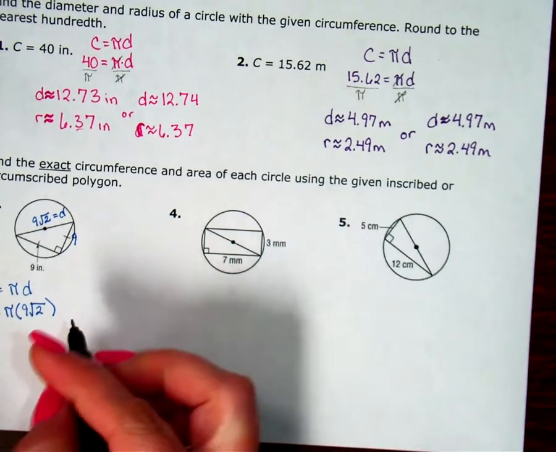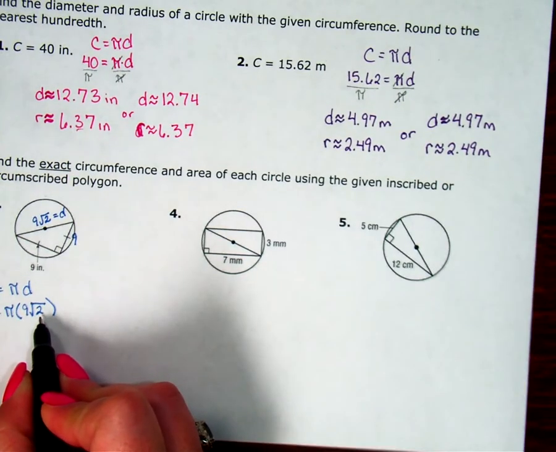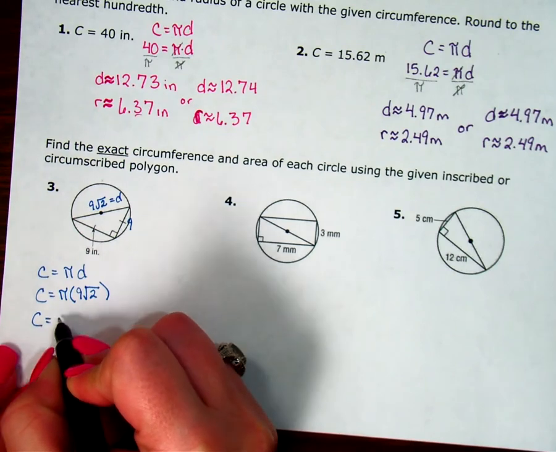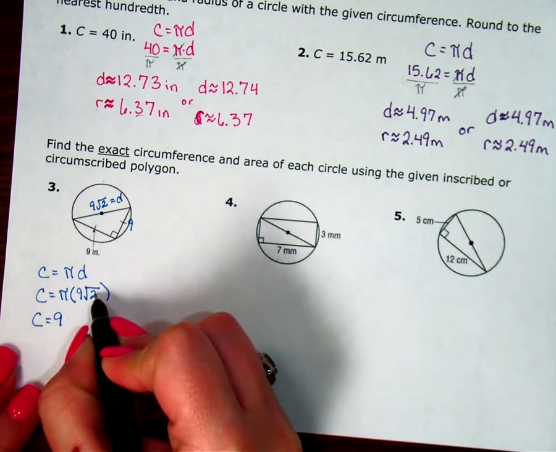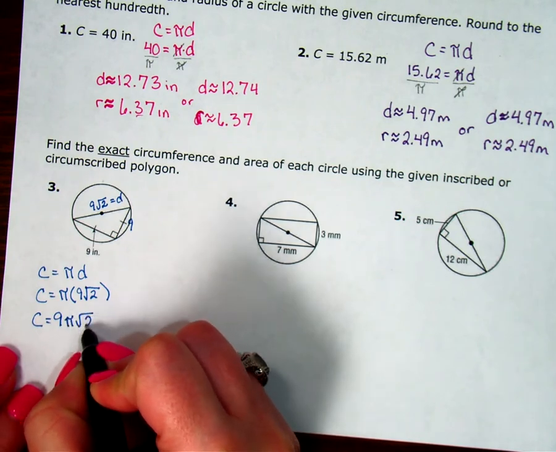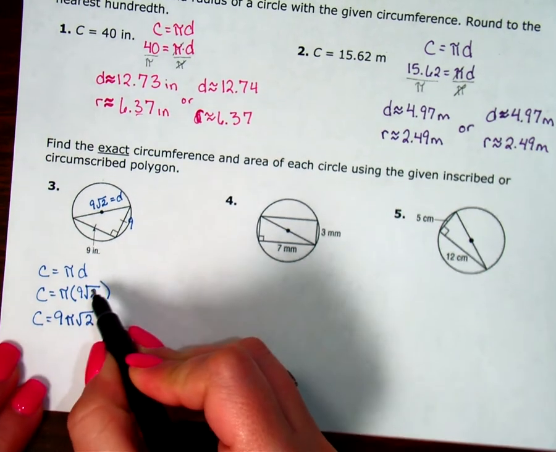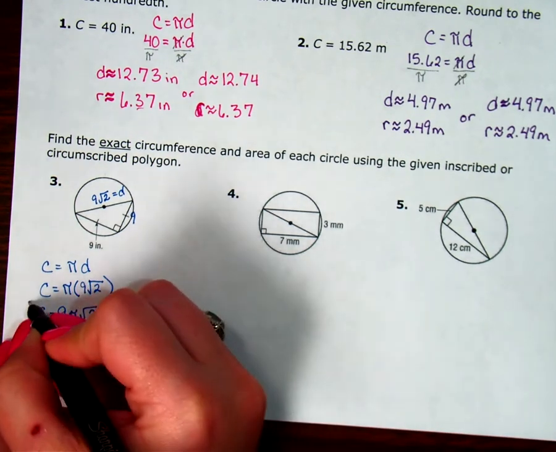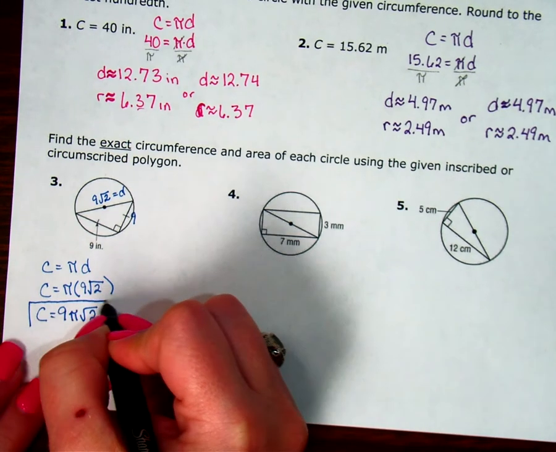So when I have a pi and a 9 and a square root of 2, the number is always going to go first, and then the square root of 2 is going to go at the end. The pi will go in the middle. 9 pi square root of 2. If you write it another way, it's not wrong. It's just more universally accepted to be written this way. This is my answer.